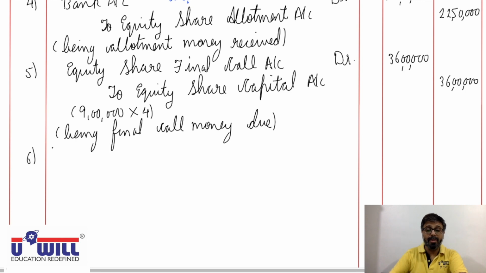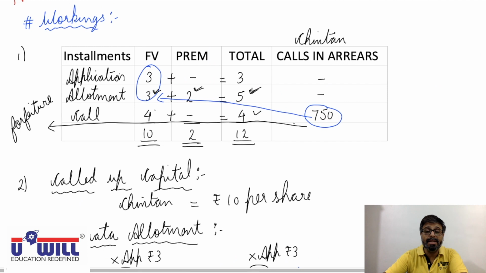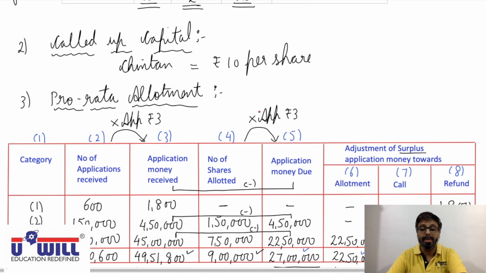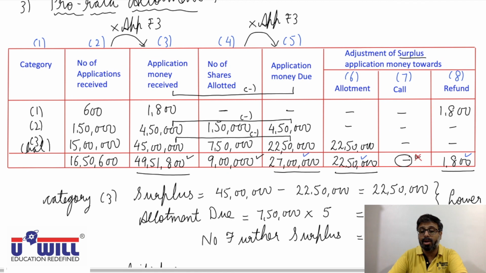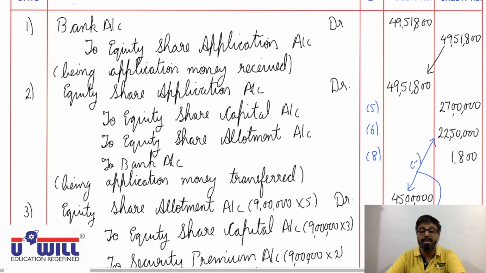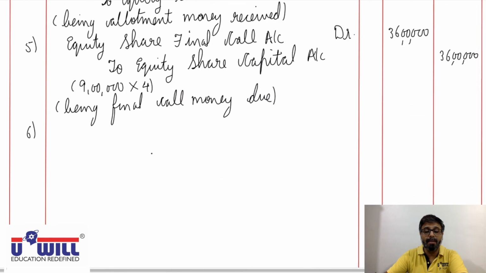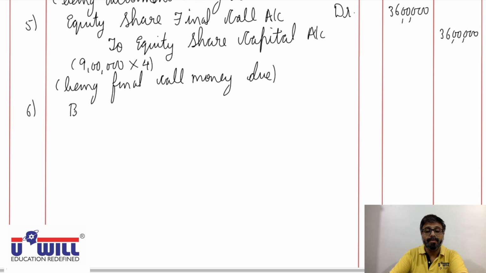Now, sixth entry, receipt of final call money. Here, calls in arrears are there: one shareholder, Chintan, holding 750 shares, did not pay final call money of rupees 4, and calls in advance are not there. Earlier, in the last 2-3 questions, we used to reverse calls in advance also, but here there is none. So only calls in arrears for 750 shares, which means a combined entry will be passed.